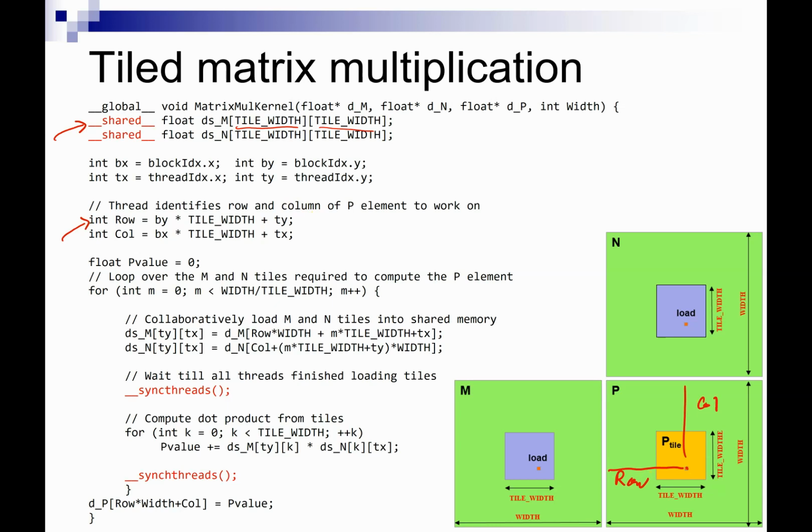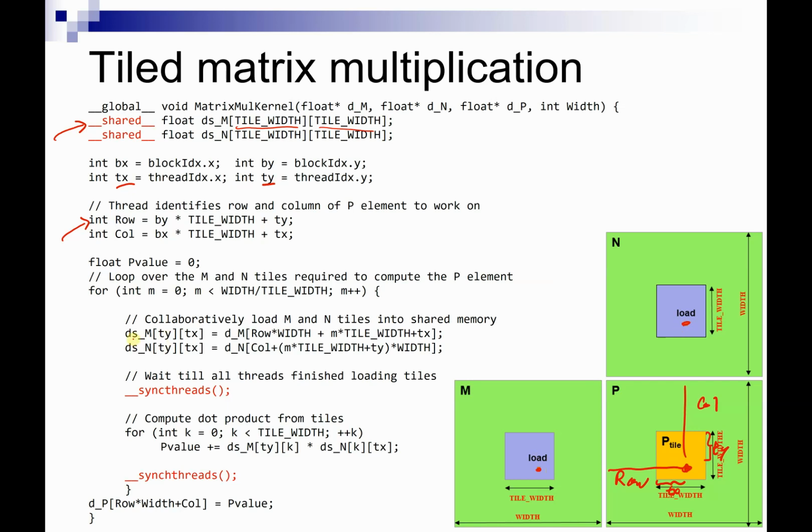So this is tx over here, and this is ty over here. So this thread is located at tx and ty within this thread block. Therefore this thread is responsible for loading the corresponding element from M and N.